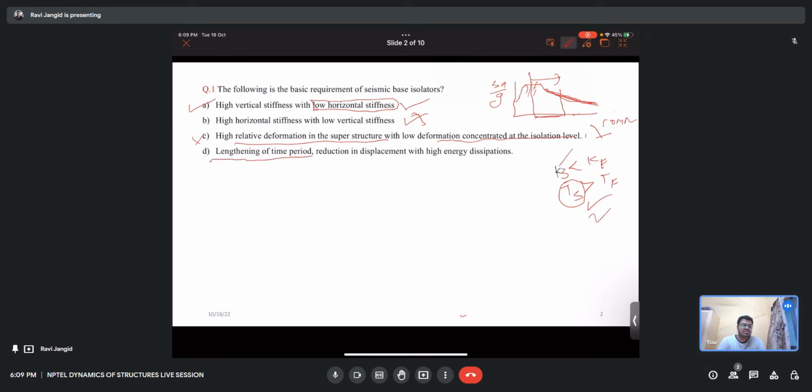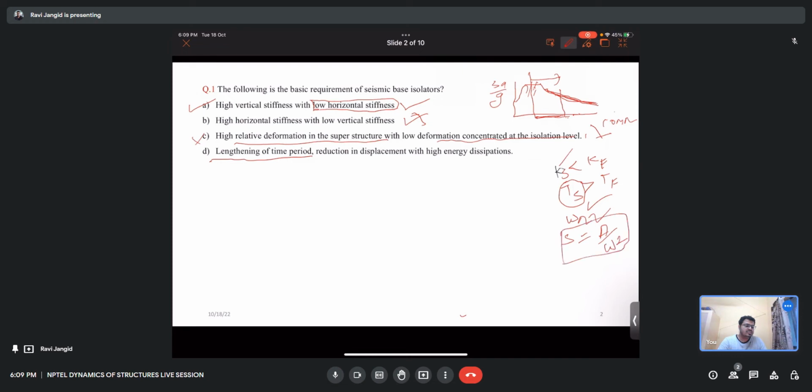Another is the reduction in the displacement. But if the time period is increasing, it means our omega is decreasing. What is our displacement? Acceleration divided by omega square.